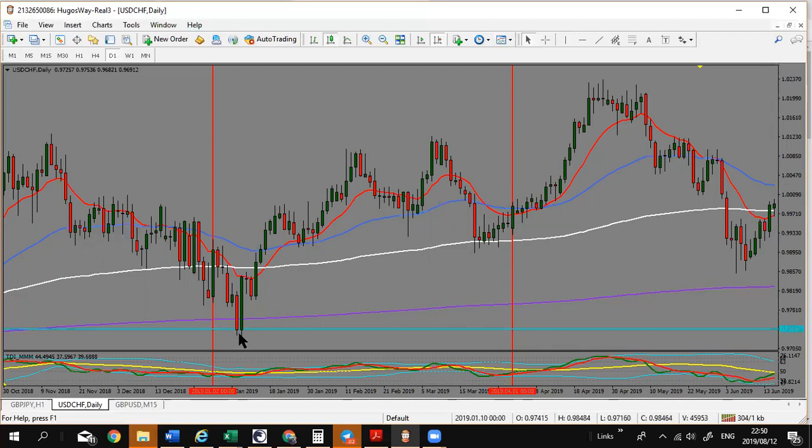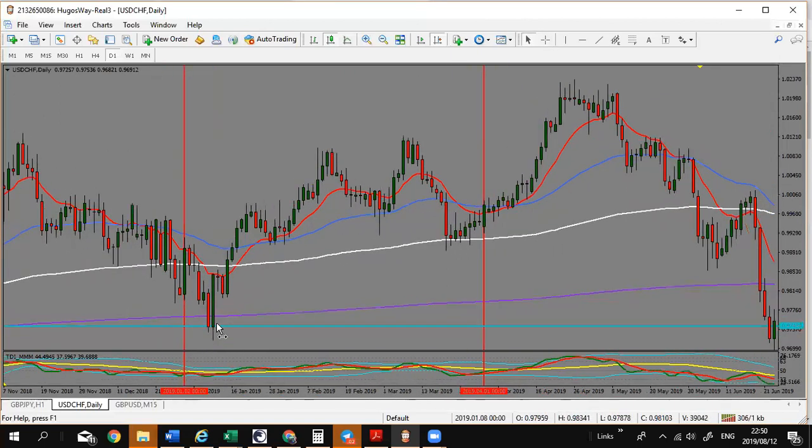So look at this pin before they pull away. This is a daily time frame. It's a lot of money. That's 120 pips, 130 pips in one day. So you can imagine some people were panicking on the 9th of January.